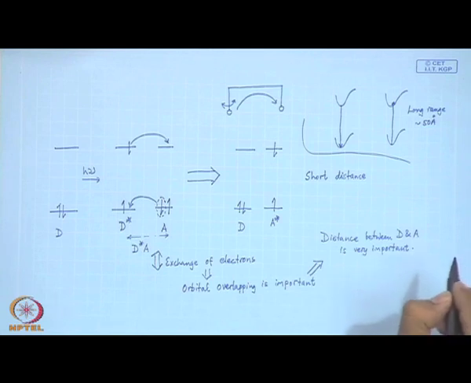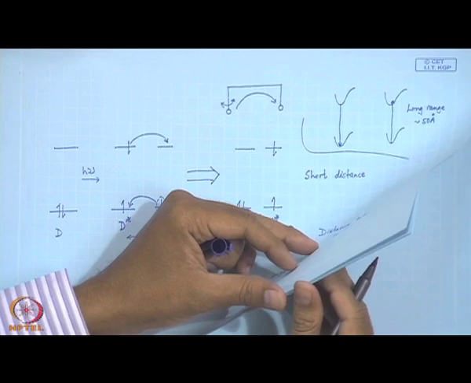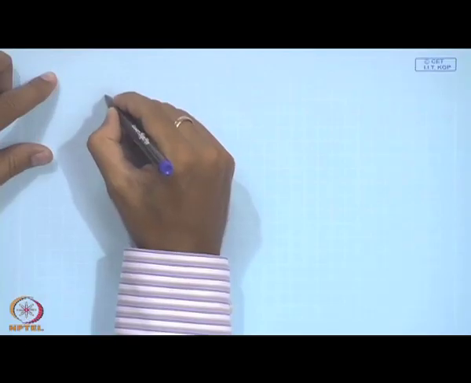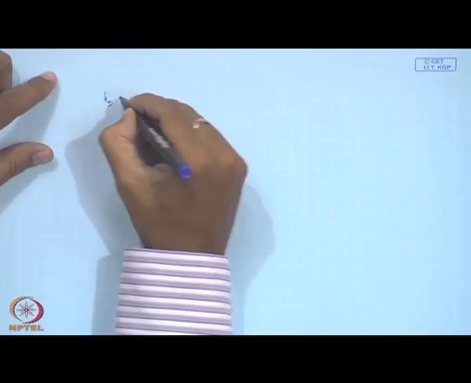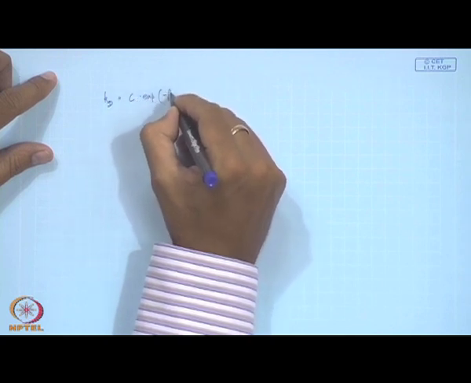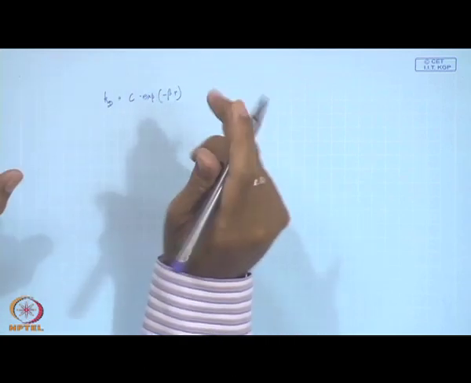Okay. So, if you think of this Dexter energy transfer rate Kd, then K Dexter is equal to some constant into exponential to the power minus beta r, where beta is some attenuation factor.